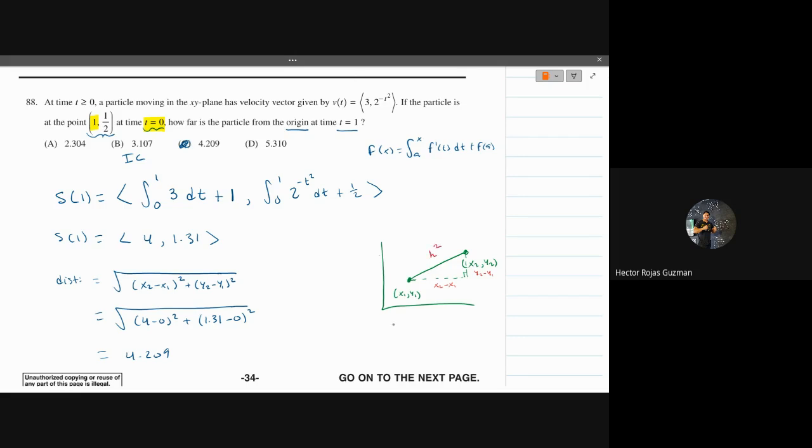So Pythagorean theorem: the hypotenuse squared. You could use whatever letter, right? X, Y, Z, doesn't matter. The hypotenuse squared equals, oh, you can use a squared plus b squared equals c squared. Maybe I should use that. A squared plus b squared equals c squared. The c squared is the hypotenuse.